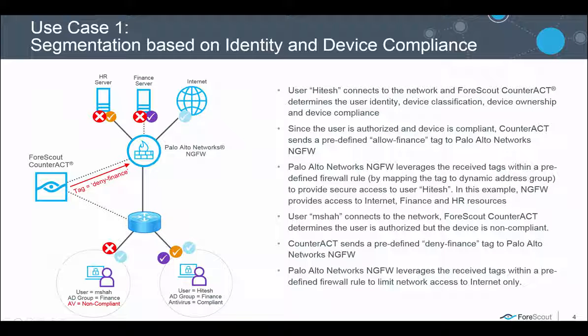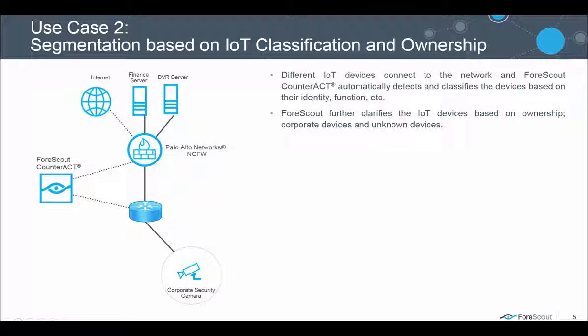Now, the next use case is network segmentation based on IoT classification and ownership. When different IoT devices connect to the network, ForeScout CounterACT discovers and classifies the devices. ForeScout further classifies the IoT devices based on ownership, such as corporate devices and unknown devices.